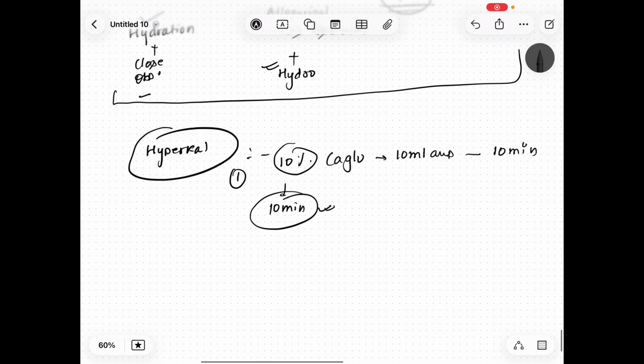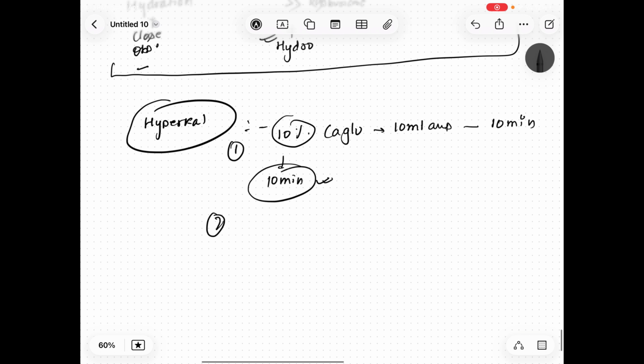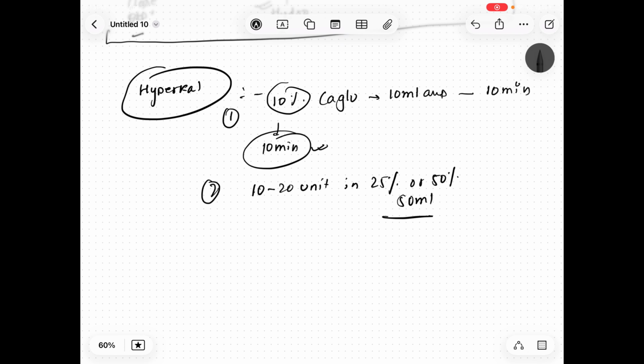You can also give regular insulin 10 to 20 units in 25% or 50% dextrose, 50 ml. It causes redistribution of the potassium inside the cell. You can also give soda bicarb, 50 to 100 ml of 7.5% solution over 20 minutes if acidosis is present.